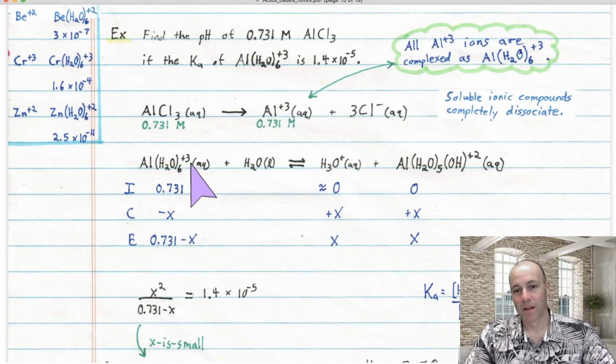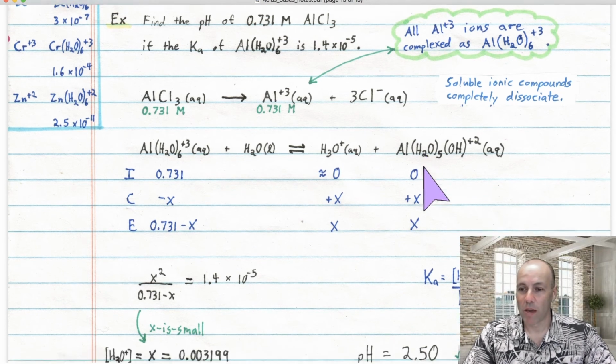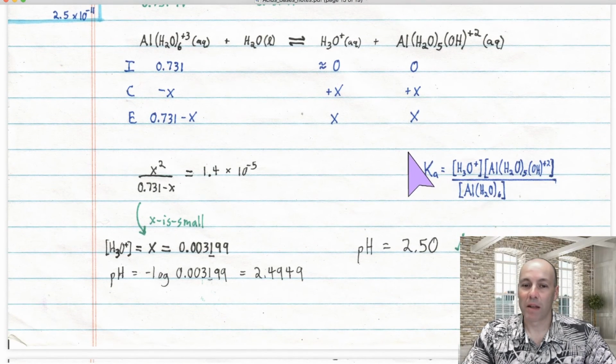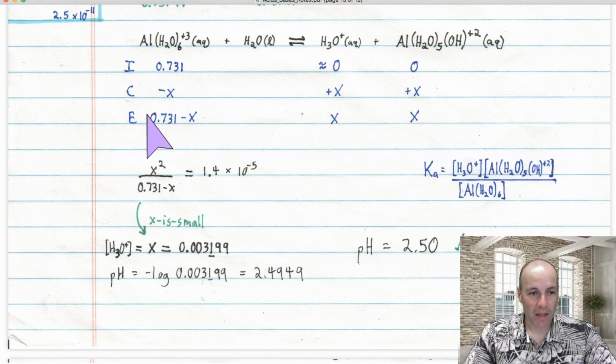This equilibrium chemical equation has the corresponding equilibrium constant equation right there. So you take these equilibrium concentrations, you plug them in on the right-hand side, you take the equilibrium constant, 1.4 times 10 to the minus 5, and you plug it in right there.